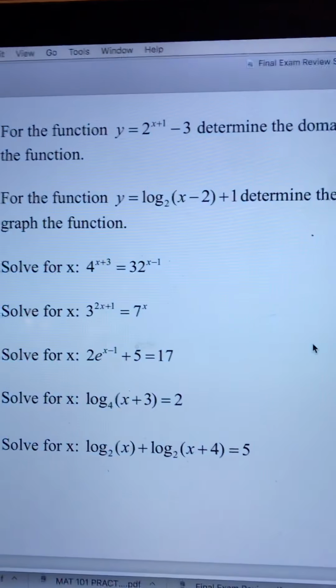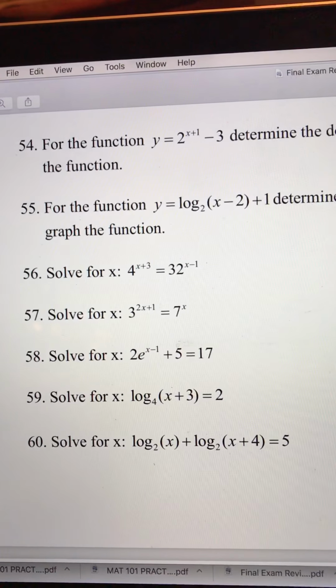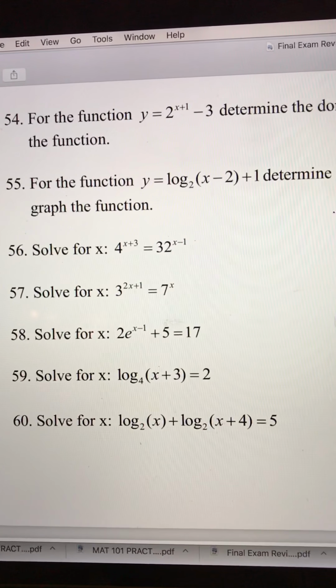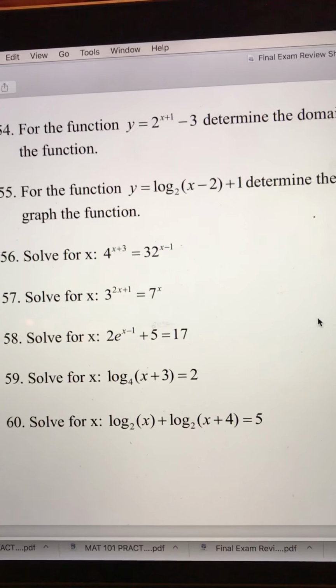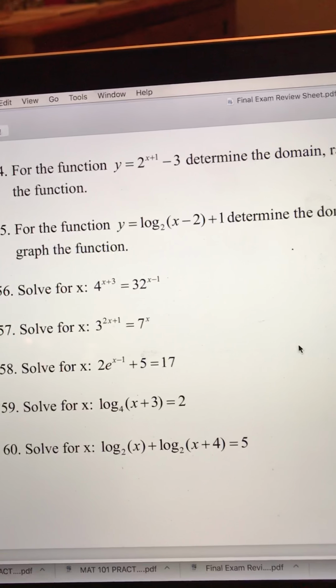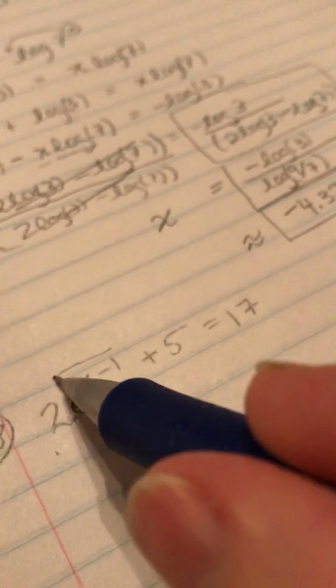Number 58 is solving for x with an exponential that involves e. So for that one, we'll probably use ln to undo the exponential base e. So 2e to the x minus 1 plus 5 equals 17. The difference with this one is that we have to first isolate this exponential.